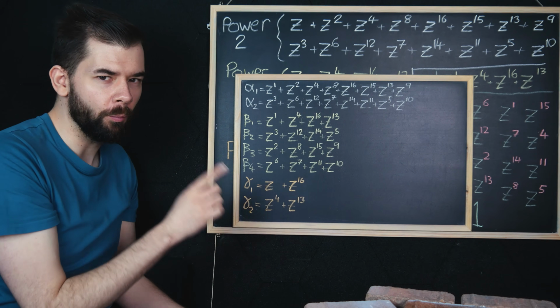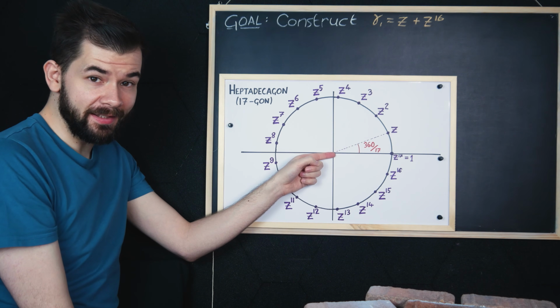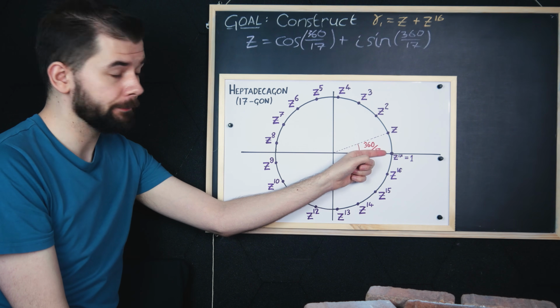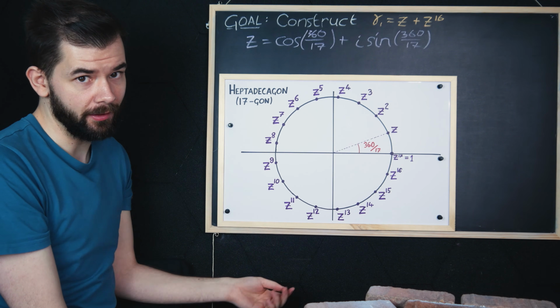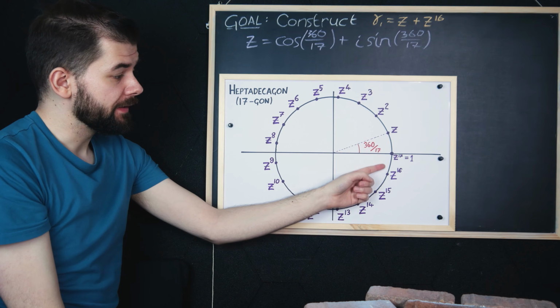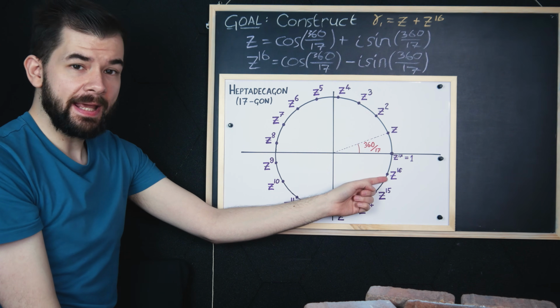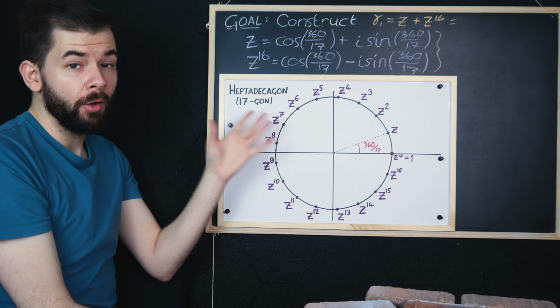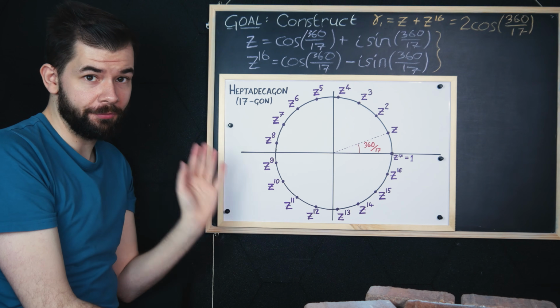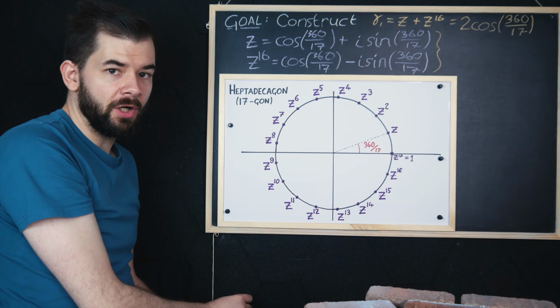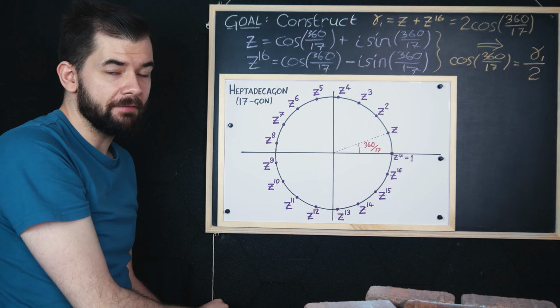Let's just briefly talk about why that is. Well, remember that z is cos of this angle plus i sine of this angle. But by symmetry, z to the power of 16 is the same, but with the imaginary part negative. And therefore, if we add them, we just get 2 cos 360 on 17. Therefore, cos 360 on 17 is half of gamma 1.